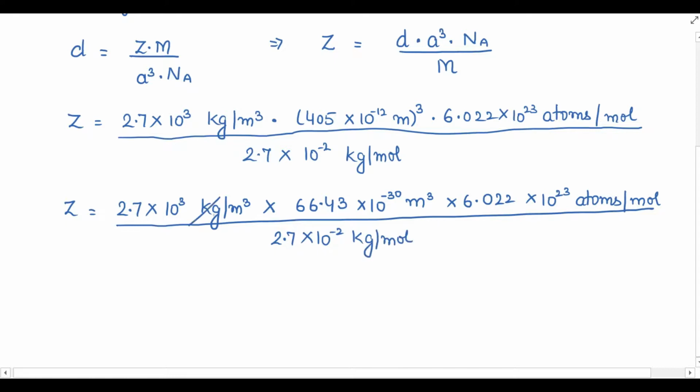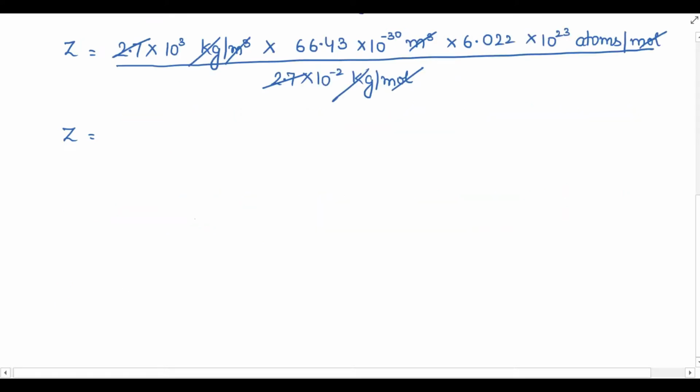Now I'll cancel kg with kg, mole inverse with mole inverse, meter cube with meter cube, and 2.7 with 2.7. Now let's compile the values here. If I multiply 66.43 with 6.022, the answer will be 400.04.